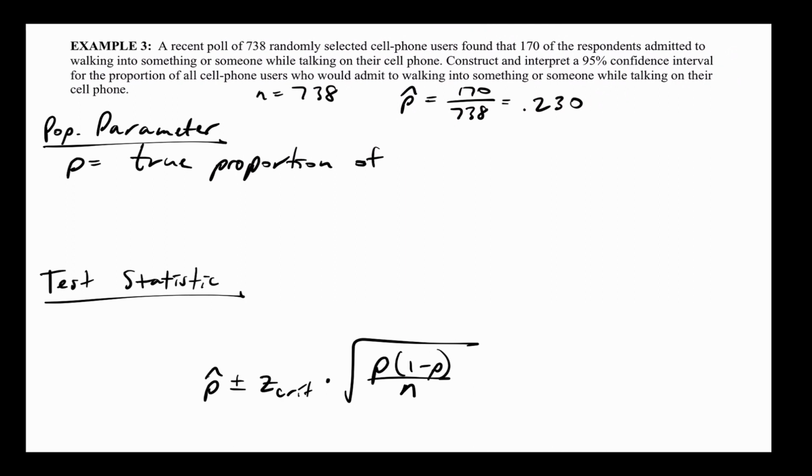A recent poll of 738 randomly selected cell phone users found that 170 of the respondents admitted to walking into something or someone while talking on their cell phone.